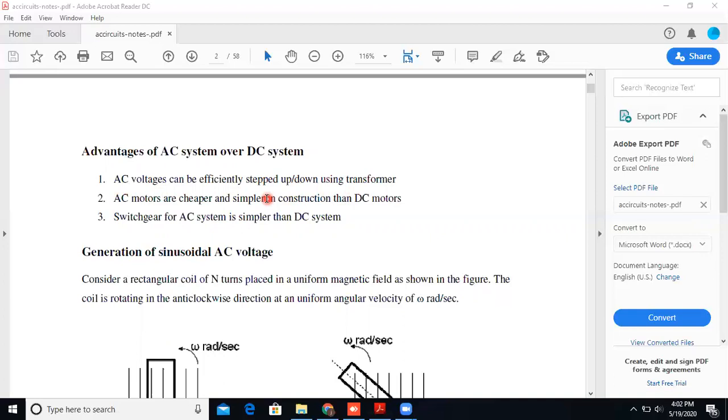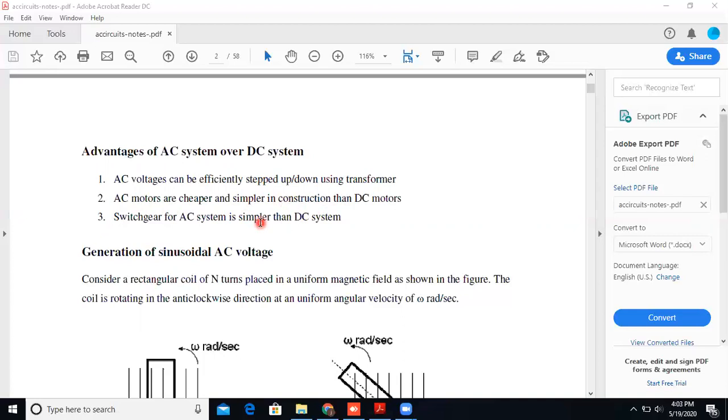Now coming to DC, we can also increase or decrease the DC voltage, but not by using a transformer. In particular applications, we cannot change the levels of DC voltage by using a transformer.